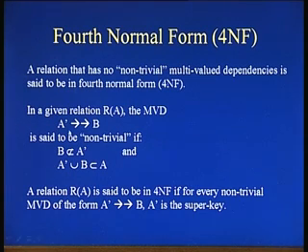A multivalued dependency of the form A prime multidetermines B is non-trivial if B is not a subset of A prime, which is the non-trivial property for BCNF as well, and there exist certain other attributes in addition to A prime and B, that is A prime union B is a proper subset of A, the set of all attributes, that is there exist some more attributes in addition to B. So a relation R of A is said to be in fourth normal form if for every non-trivial multivalued dependency of this form, A prime multidetermines B, A prime is the super key.